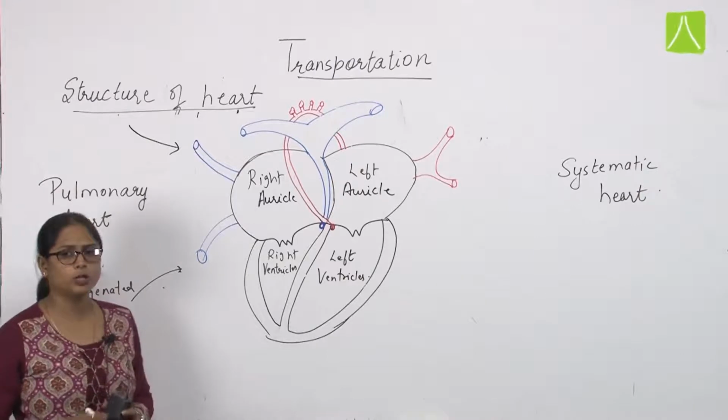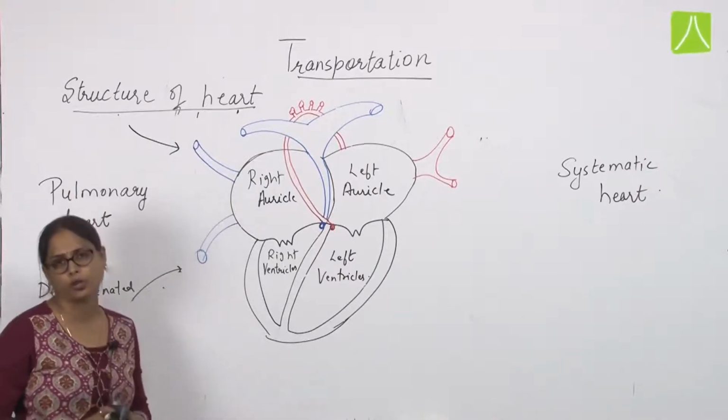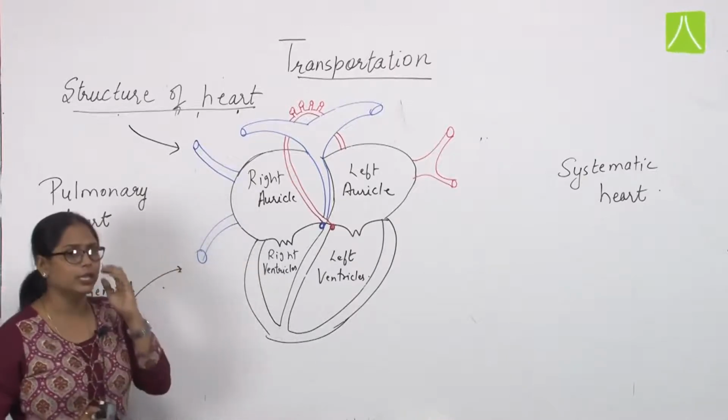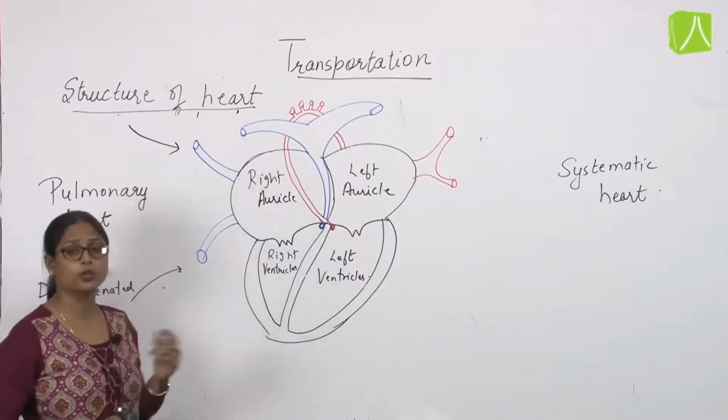This side of the heart carries this deoxygenated blood to the lungs for oxygenation.